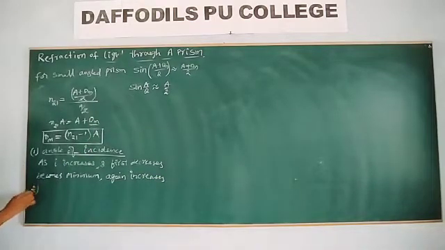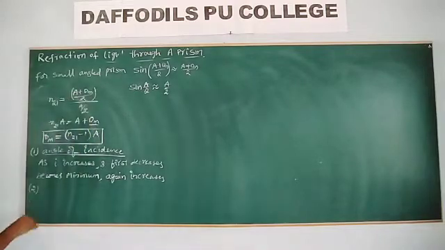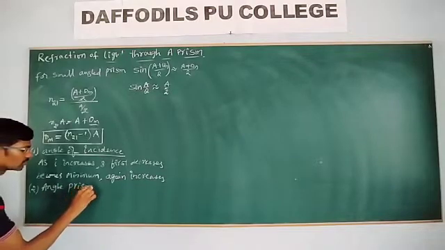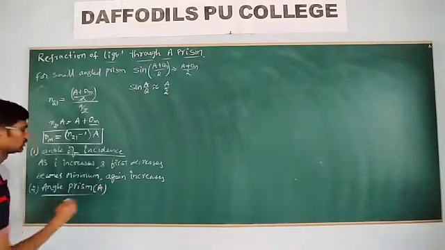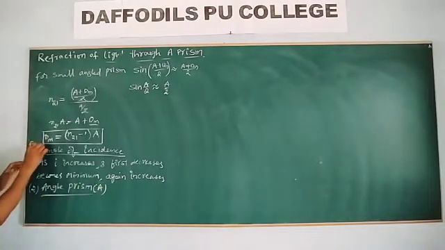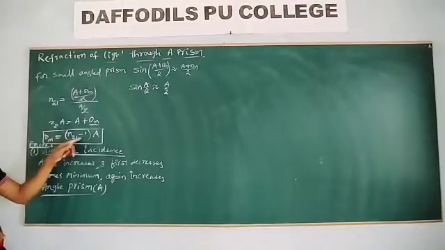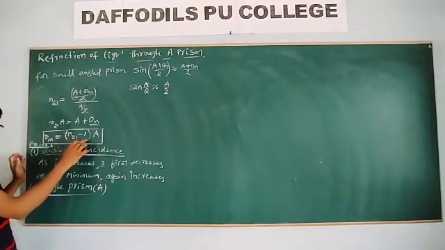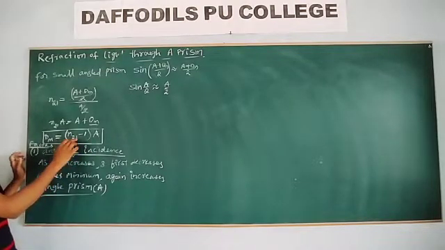And how does it depend upon the angle of prism A? Among the factors affecting deviation, from this expression you can see that dm, the minimum deviation, is equal to n21 minus 1 into A. Here n21 is the refractive index of the prism, which remains constant.